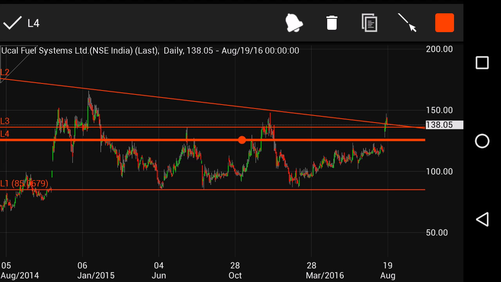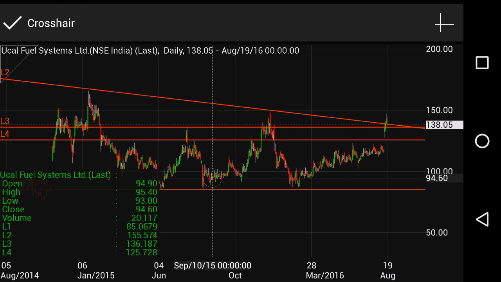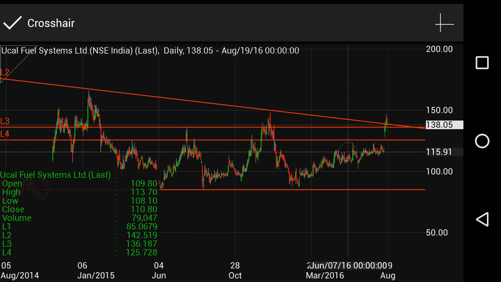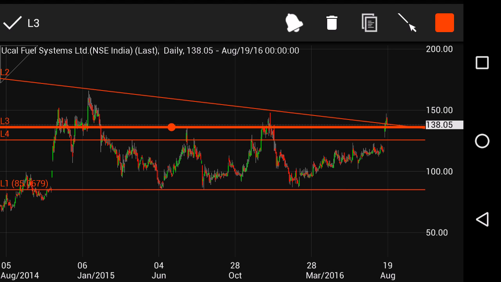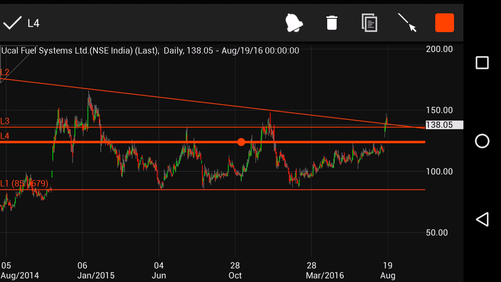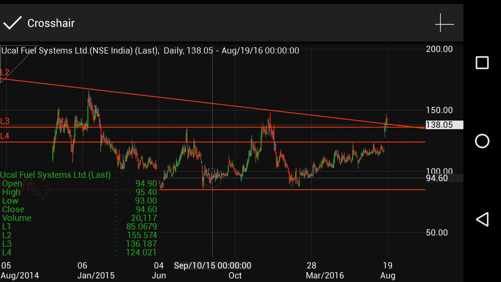So if you get it around, say, 125, the stop loss will be near about here, around 120.